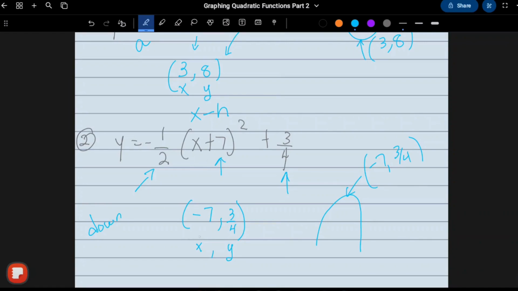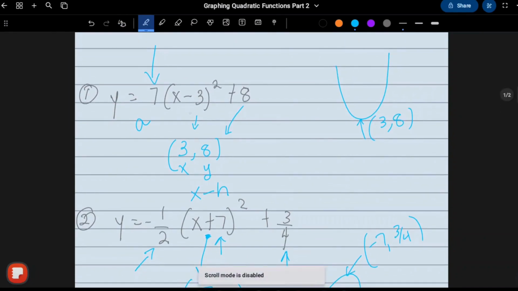So therefore, your h value should be negative, so that the negative with the negative in the formula will simplify to give you positive. So a rule of thumb is, if it's positive in the parentheses, then your h will be negative. Similarly, in the previous example, if it is negative in parentheses, then you know your h will be positive. All right.